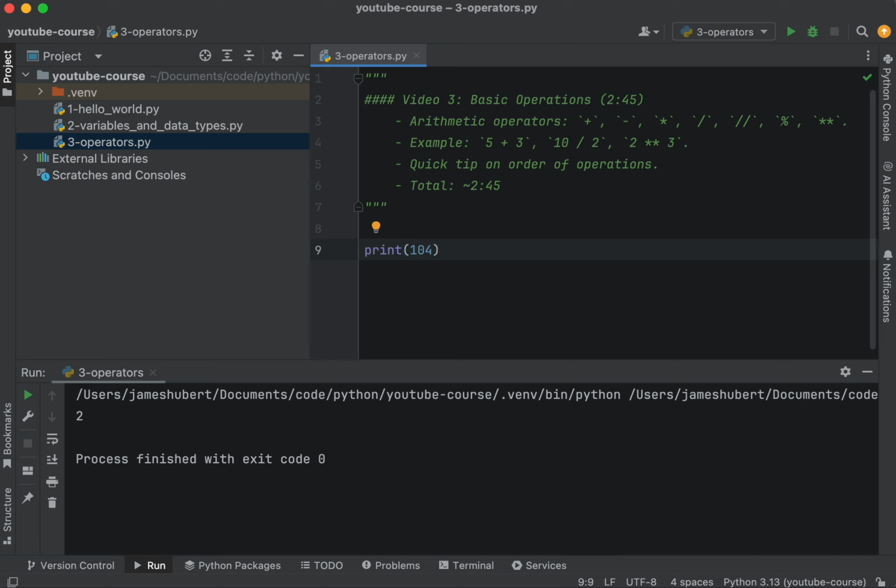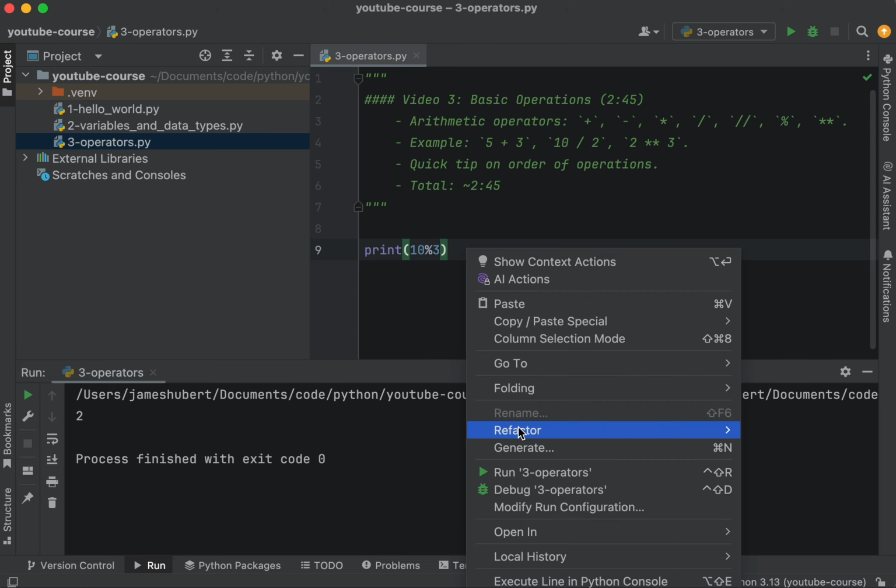Now, a modulus is something that is in a lot of programming languages. You can think of this as giving you a remainder. If you remember long division in school, you might get a remainder. So for example, if we did 10 divided by 3, that doesn't actually divide evenly. 3 goes into 10 3 times, and there's a remainder of 1.